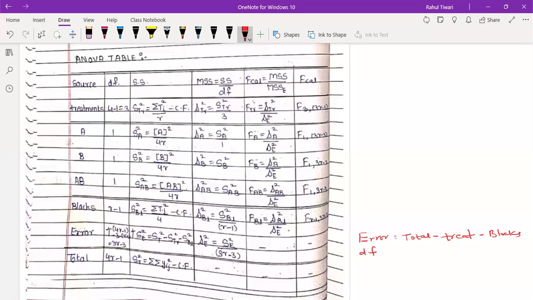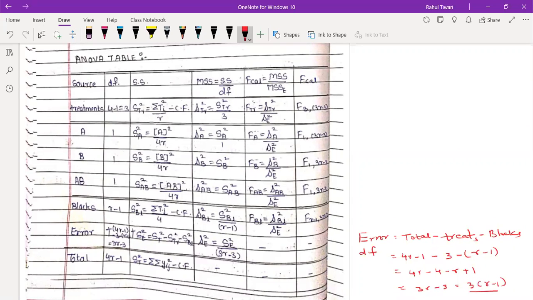So just remember, this is going to be 4R minus 1 minus 3 minus (R minus 1). This is 4R minus 4 minus R plus 1. This is going to be 3R minus 3, which one can write as 3 into (R minus 1).